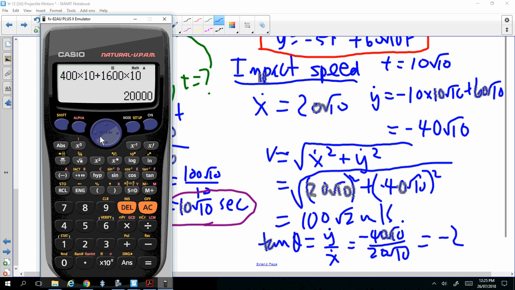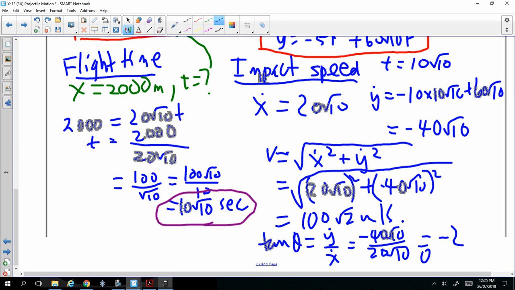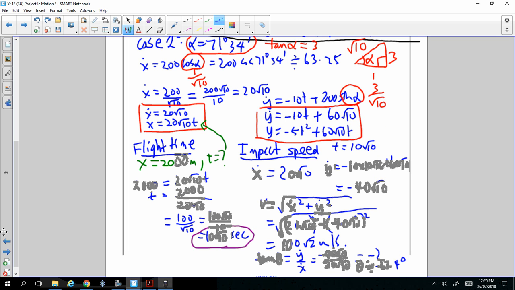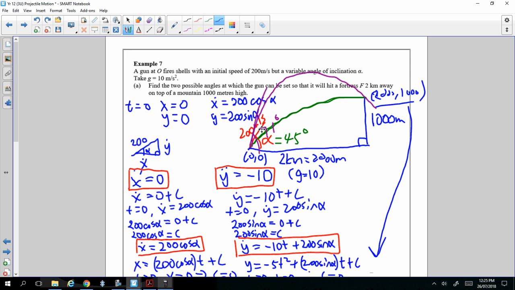So theta is approximately negative 63.4 degrees. So that's the impact angle. And in terms of the diagram, you go back to the diagram, which I will show you. So the impact angle will be equal to 63.4 degrees.